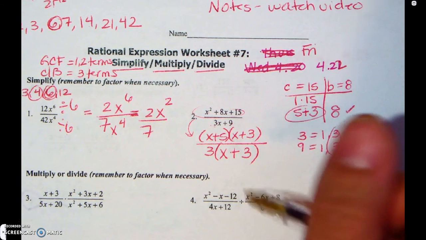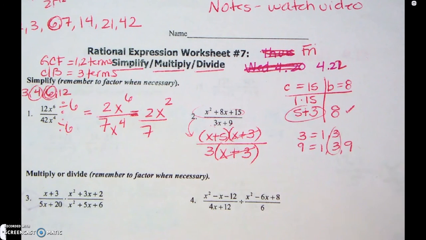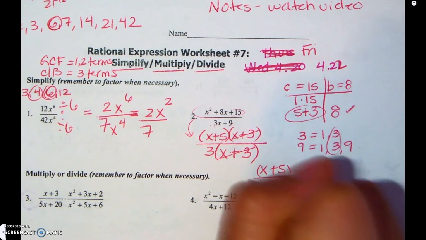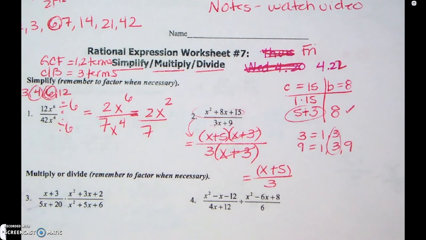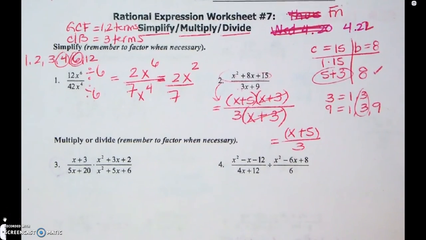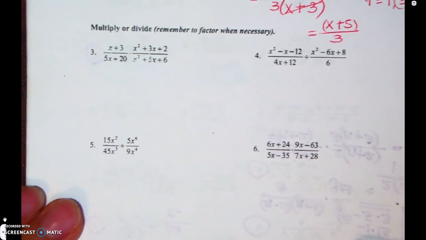I can cancel out what's the same from the top and the bottom, and now I'm just left with x plus 5 divided by 3. Final answer. Hopefully you guys are getting the hang of simplifying by now, starting to get the CB table, starting to understand how to factor.